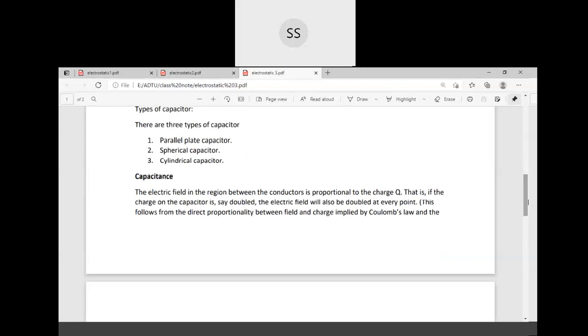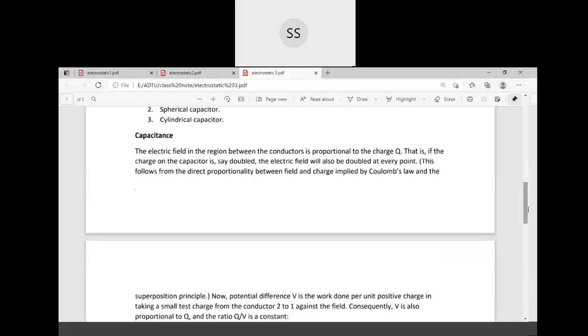Next is capacitor. So we know the capacitance. We know that the capacitor is a device which stores charge, and capacitance is its ability to store charge.